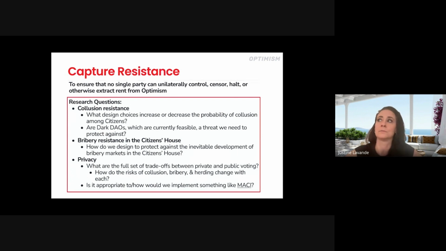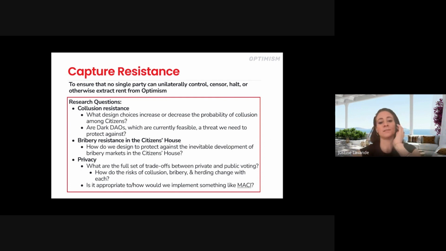How do you design with the understanding that there will be a bribery market? Dark DAOs is also a concept of vote buying, but operating in private or in ways that are harder to identify. And how do you understand if that's occurring in your DAO, and how do you protect against it?